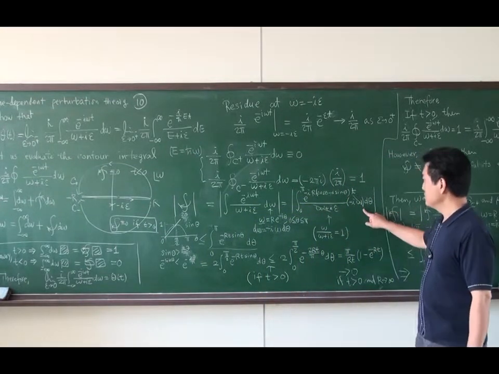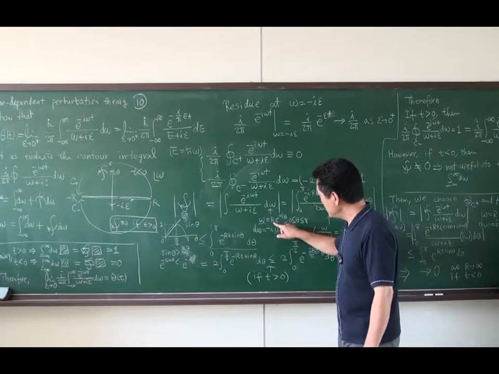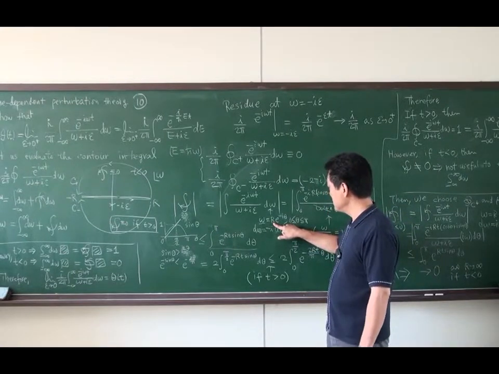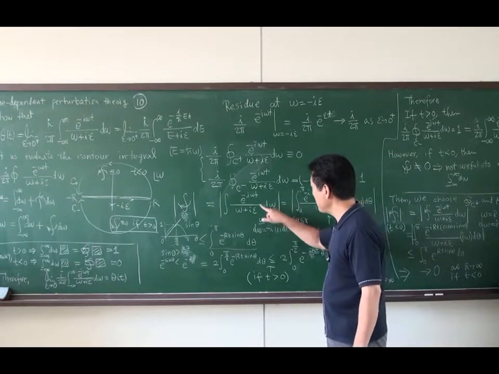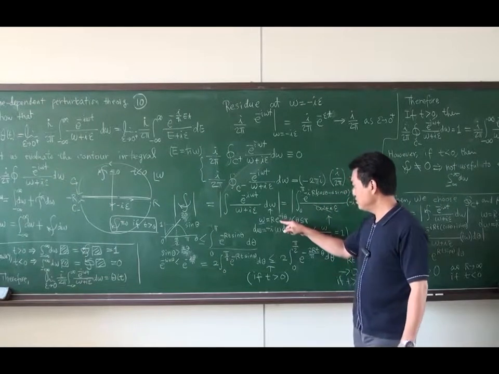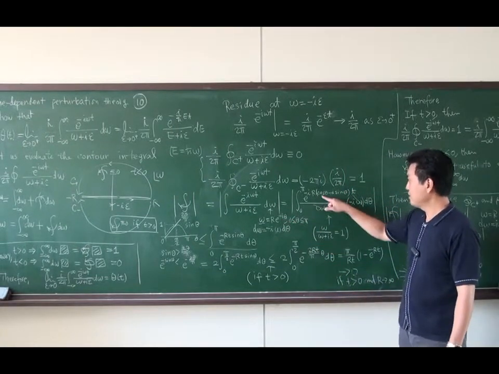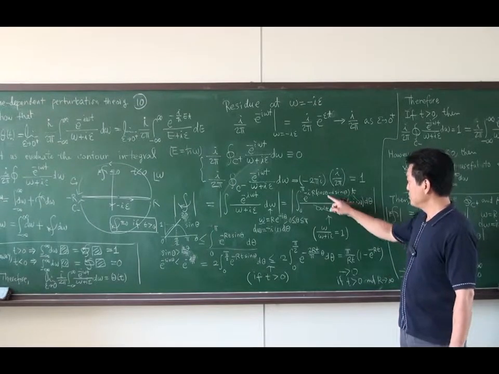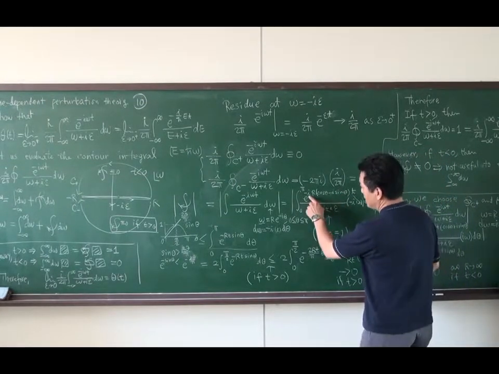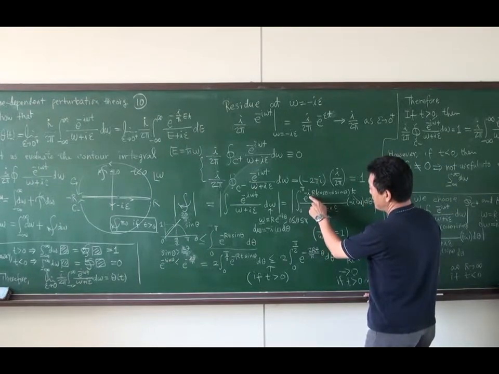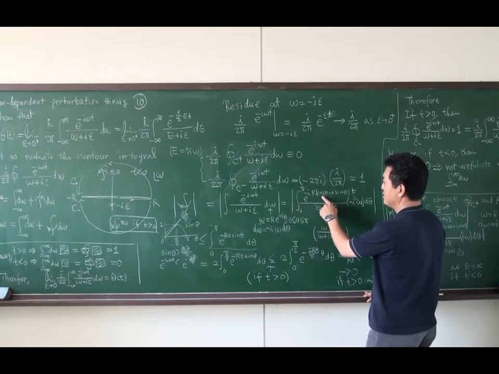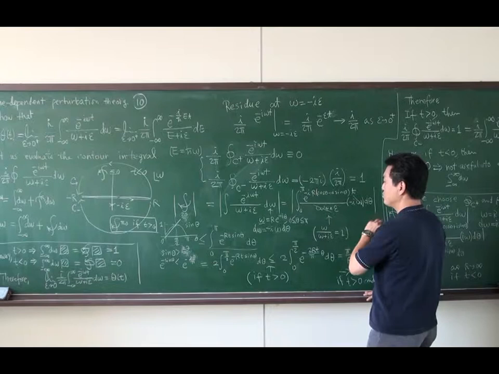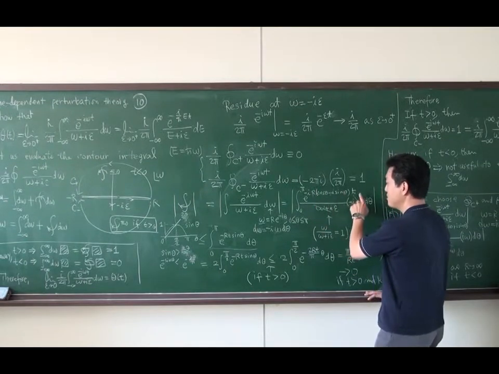Let us substitute omega with r e to the minus i theta, which is r cosine theta minus i sine theta. If I substitute and expand it, I find minus i r cosine theta, and the real part is minus r sine theta t.